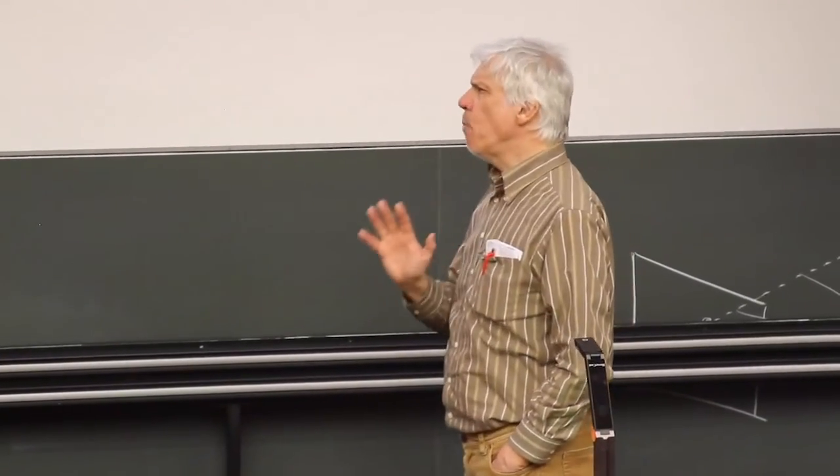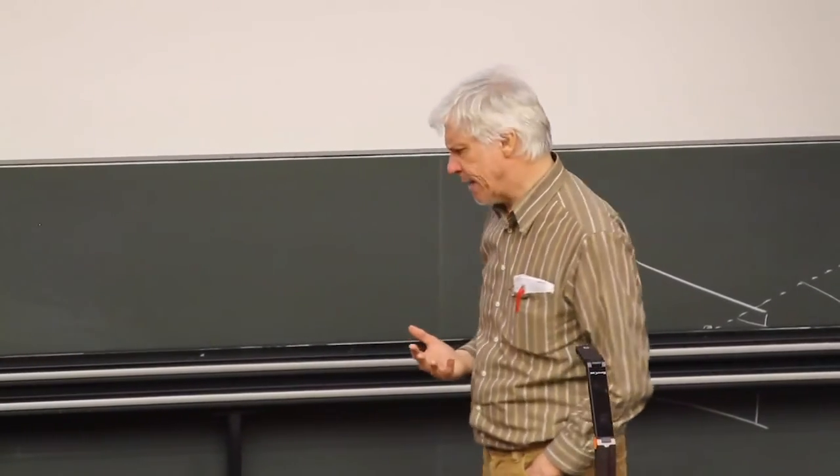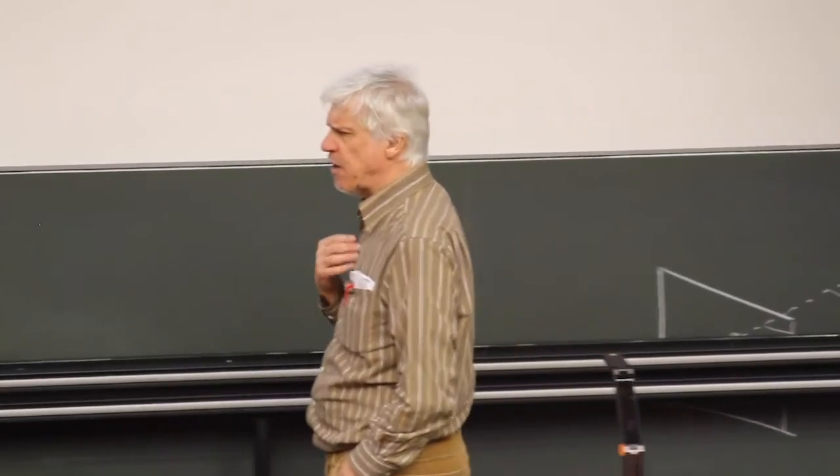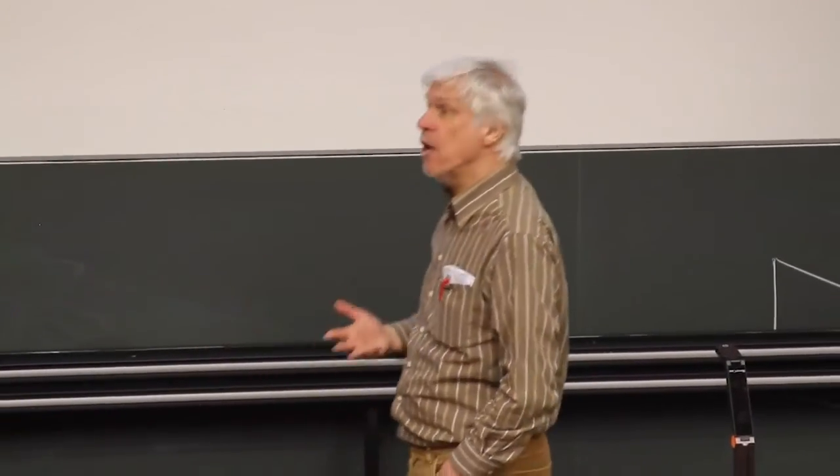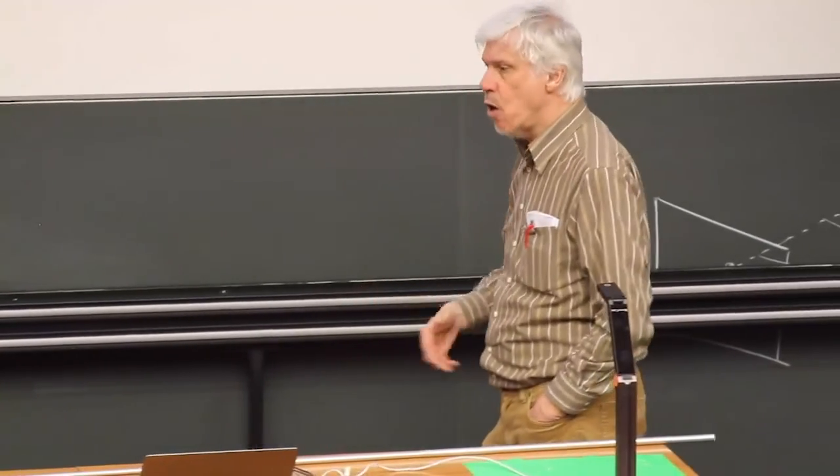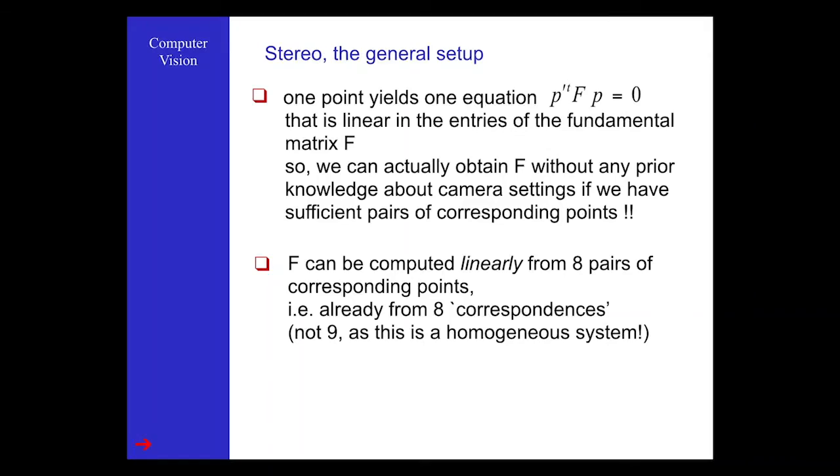So F is only determined up to some unknown scale factor. So you could put one of the non-zero elements of F to 1 and then calculate all the remaining 8 parameters relative to that one. So there are actually 8 degrees of freedom only, 8 unknowns. So 8 pairs of corresponding points are all you need to linearly go for F.